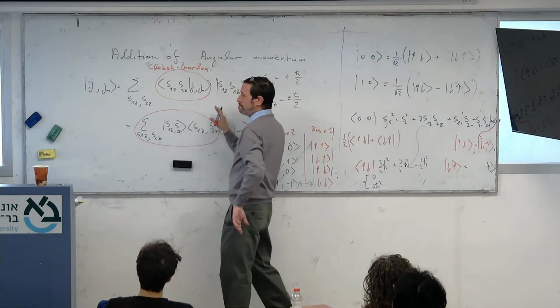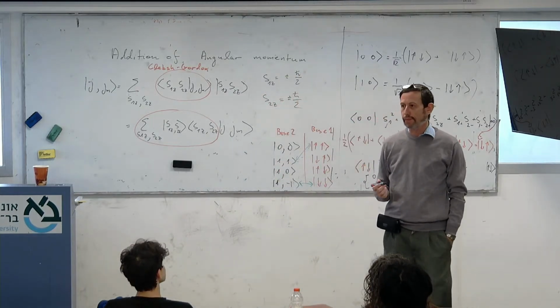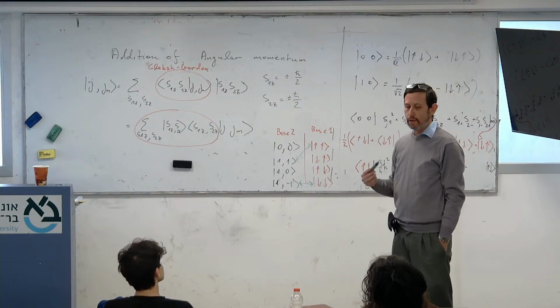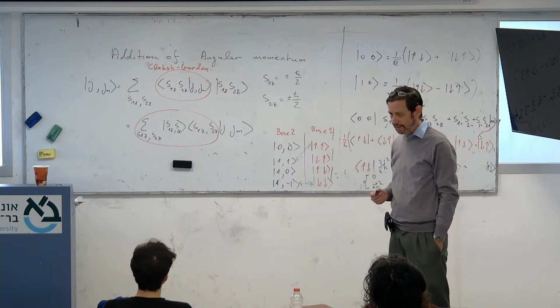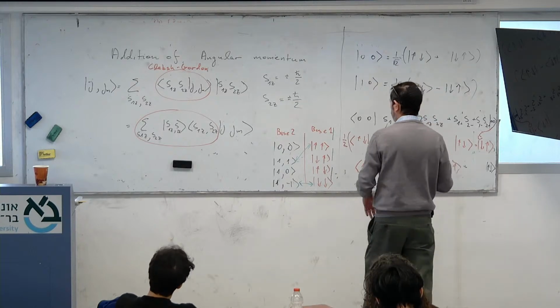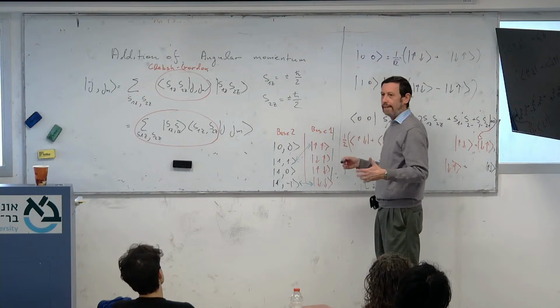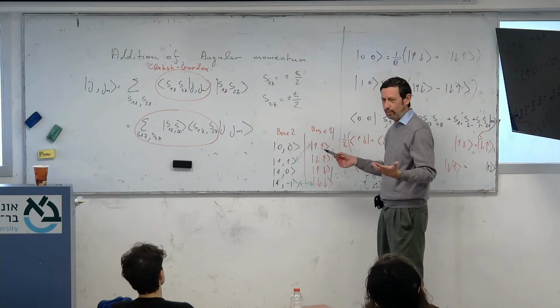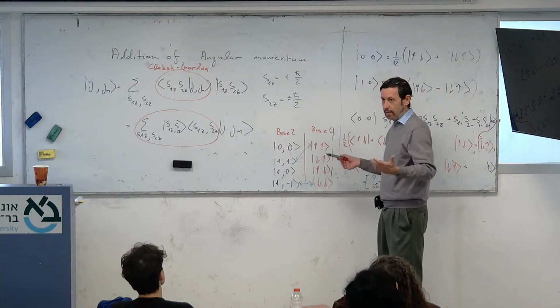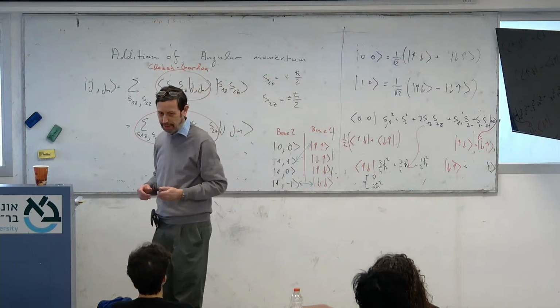And I'm now debating with myself, I can show an example of calculating these components also for higher values. For these values, we have calculated them: plus or minus 1 over square root 2. But for more complicated systems, it will be something different.